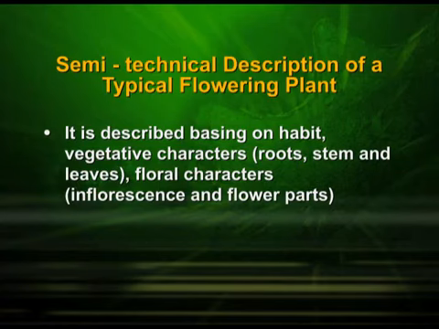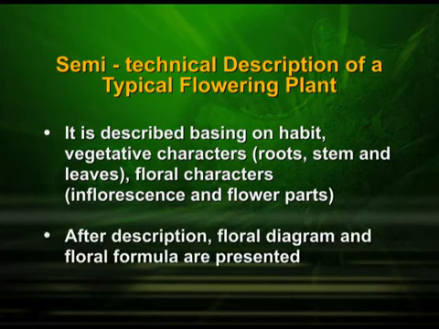It is described basing on habit, vegetative characters, that is the root, stem and leaves, floral characters, the inflorescence and flower parts. After description, the floral diagram and floral formula are presented.